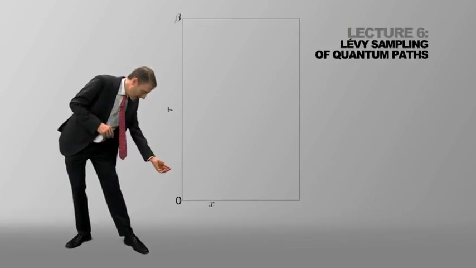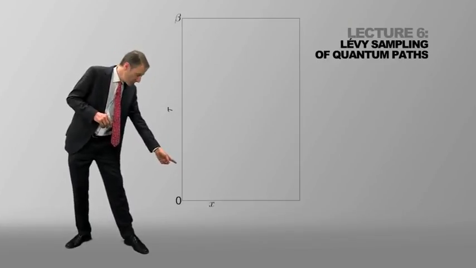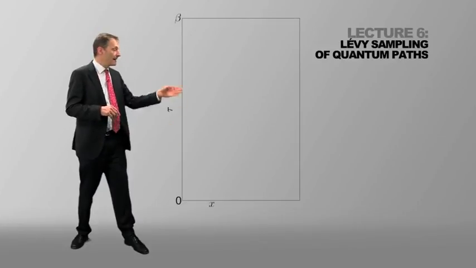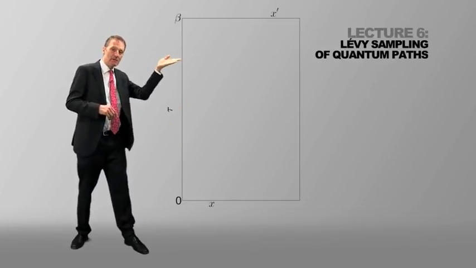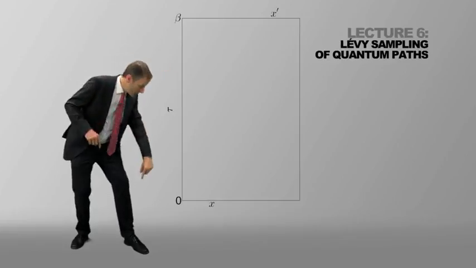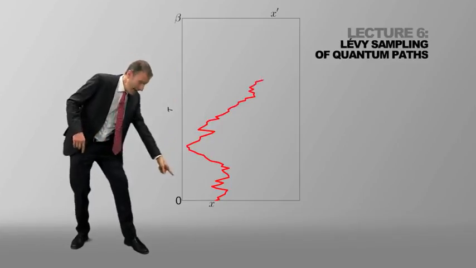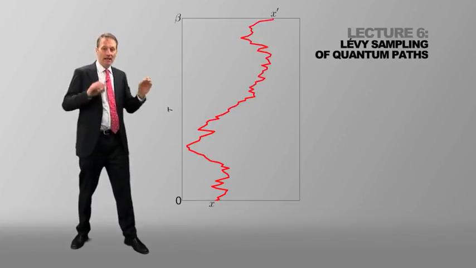You pick a starting position x at tau equals 0 and a final position x prime at tau equals beta. And then, check, you fill in the path between x and x prime in one setting.